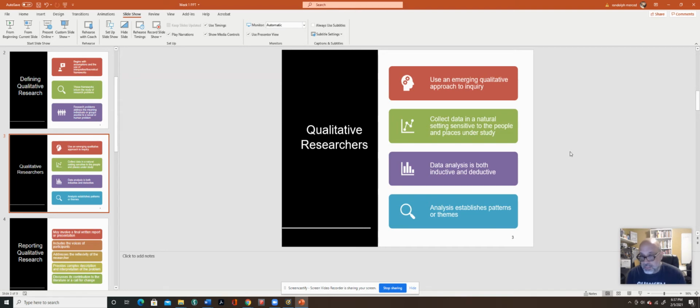Data collection would be in a natural setting. You want to look at collecting data where they're not manipulated in any way, where they would be doing their everyday lives. Again, I'll go back to the children with autism. You just don't want to go there and say, "Hey, look, I'm researching you, so do it," because the behavior is going to change.